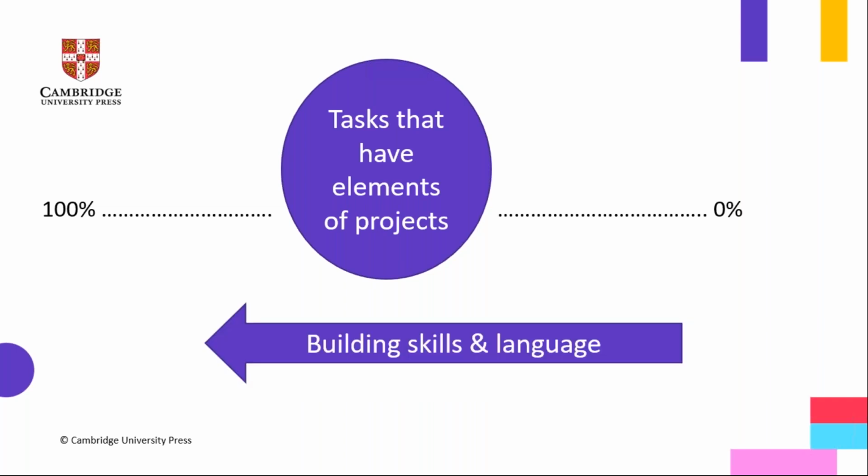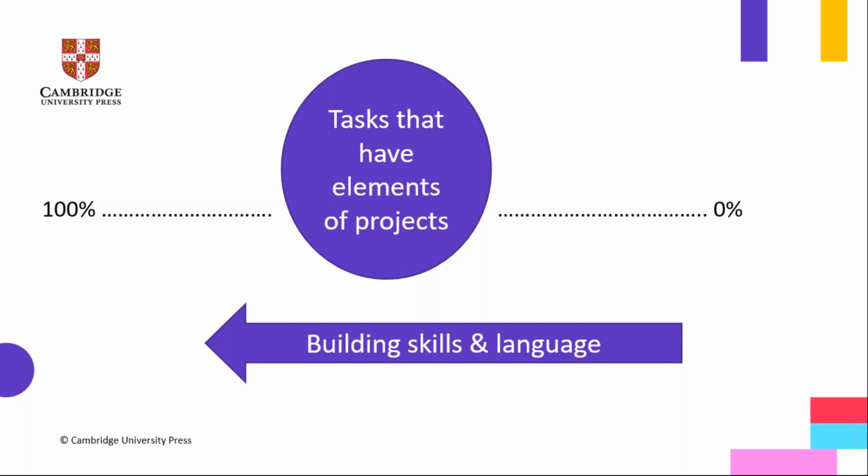So we're building their skills to be able to make choices, to be able to use language effectively. And we're also developing their language skills. So we're starting at lower levels, and slowly but surely their language is getting more complex and more effective.